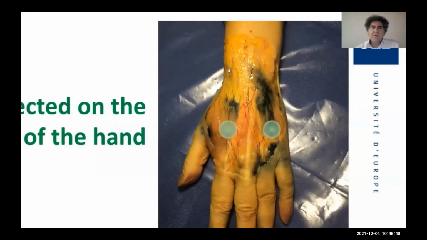These are the lymphatic vessels I've highlighted in this dissection, and you can see the lymphatic vessels on the ulnar side as well as the radial side. By injecting in these two areas, we will perfectly highlight all the collectors that start from the wrist and go up towards the forearm and then to the arm.